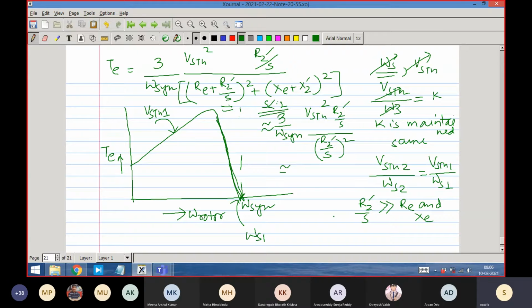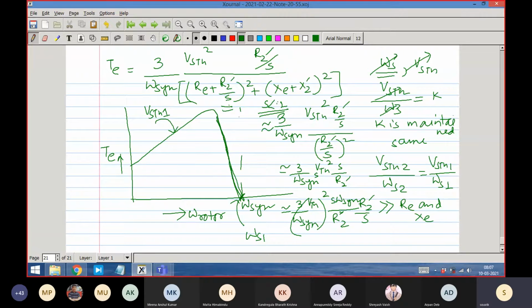So we can say that it is 3 by omega sin into VSTH square into S by R2 dash, which can be further approximated as 3 by R2 dash into VSTH by omega sin whole square into S into omega sin.